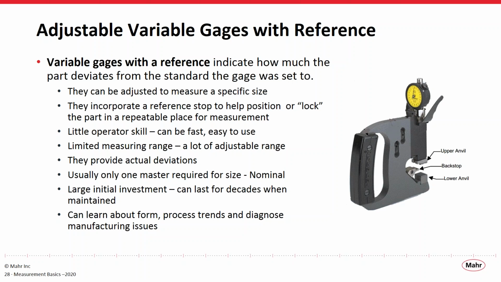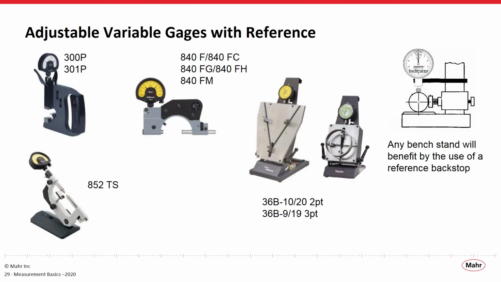They again provide actual deviations, require a single master, and you can use these for years and years, and they can help you in the manufacturing process. Here are some examples of adjustable variable gauges, whether snap gauges or bench ID/OD gauges. Any bench stand with a backstop can be a variable gauge with a reference.